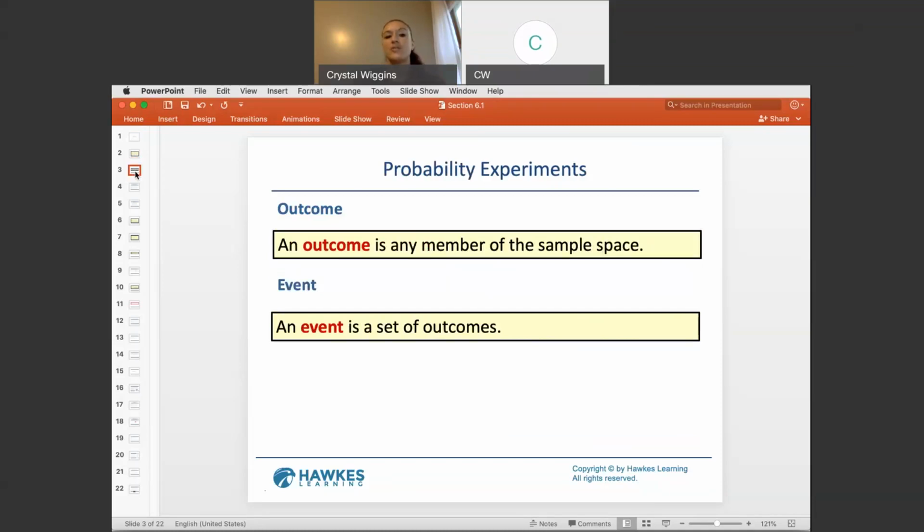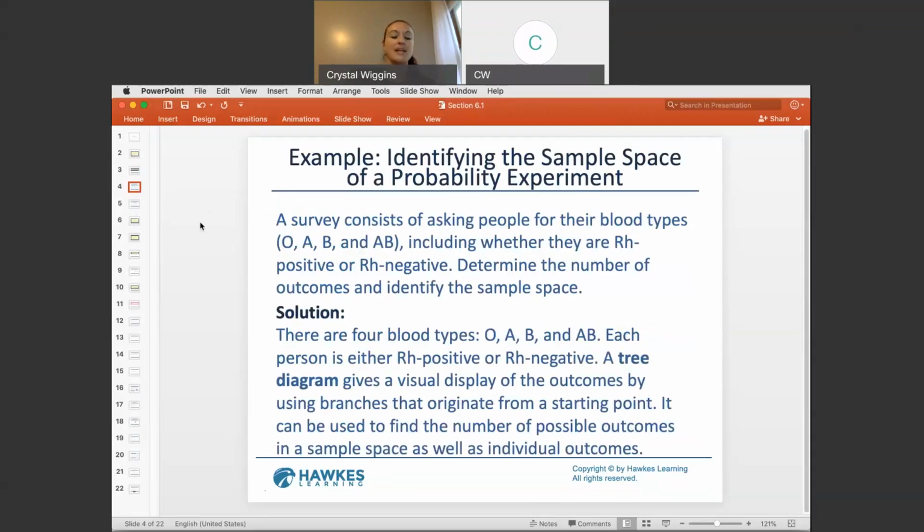Okay, two more words before we get into the example though: an outcome is any member of the sample space, and an event is a set of outcomes. Okay, again, it'll be a little bit clearer when we define these out. So for example, if we're taking a look at a survey that consists of asking people their blood types, we know that the different letters on the blood types are O, A, B, and AB.